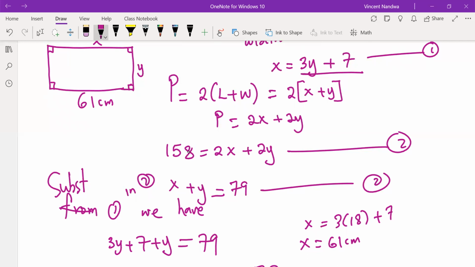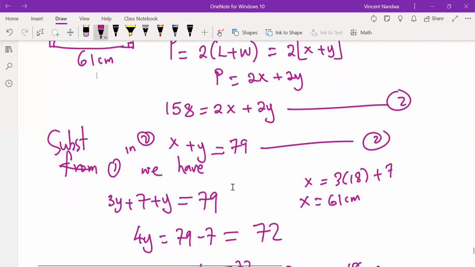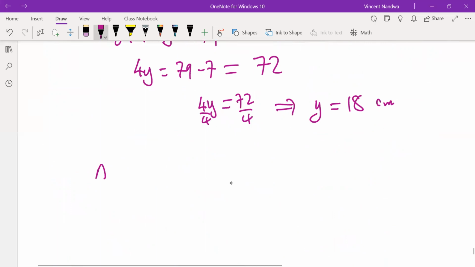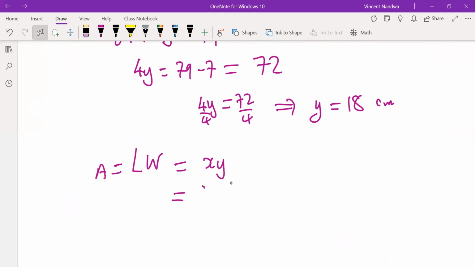This one is, from our computation, 18 centimeters. And we know that area is length times width, which is X times Y. X is 61, Y is 18. So area will be given by 1098 square centimeters.